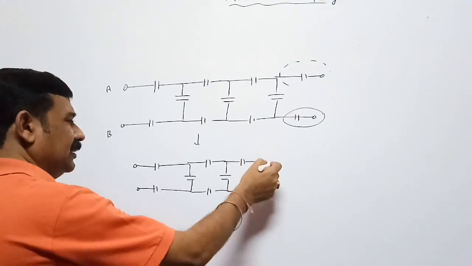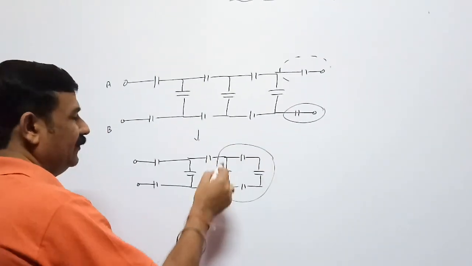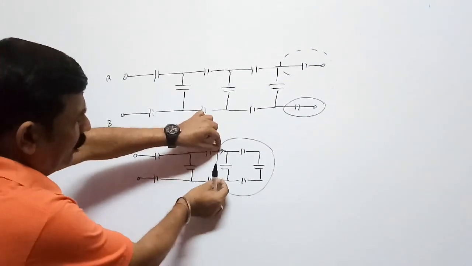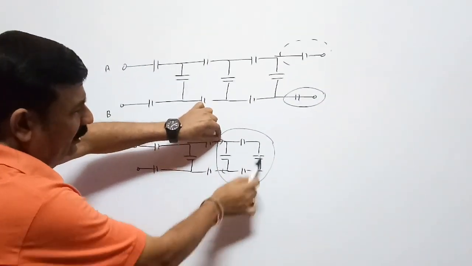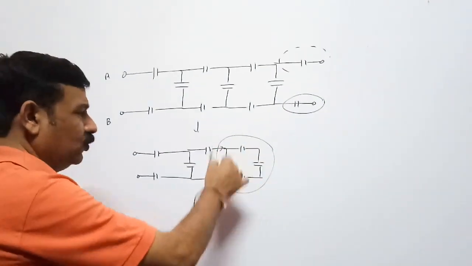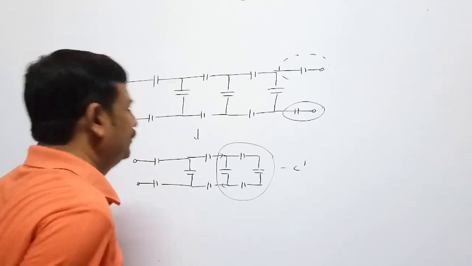Now first we see this side subgroup. If charge enters from here, it comes out from here. So with respect to these two ends, these three are in series. That one and this one are in parallel. So this group will have one capacity, let's say C dash.